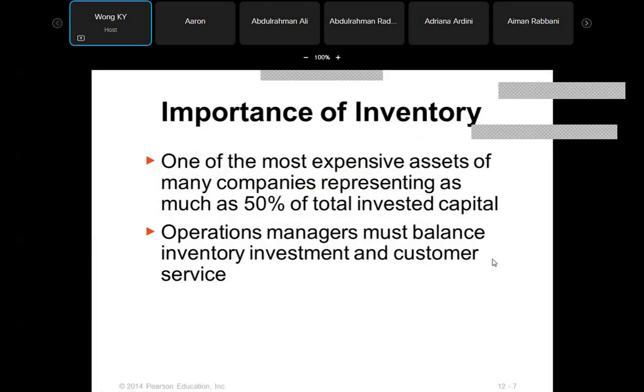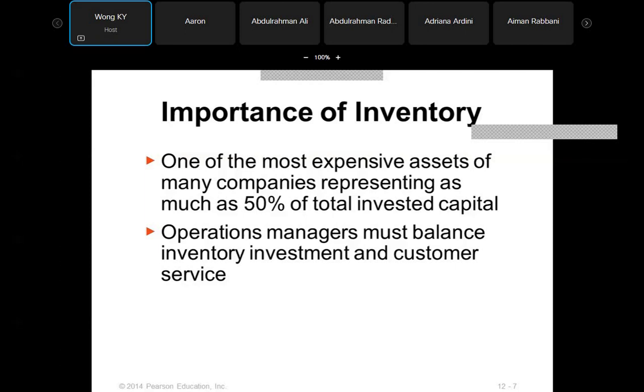Importance of inventory. Inventory is actually one of the most expensive assets of many companies, representing as much as 50% of the total invested capital. Now, in manufacturing plants, of course, there are many assets. The building is an asset, the machines are assets, warehouses are assets, and inventory is also a type of asset.